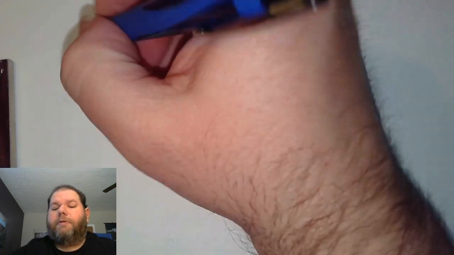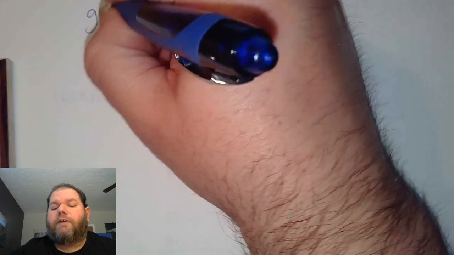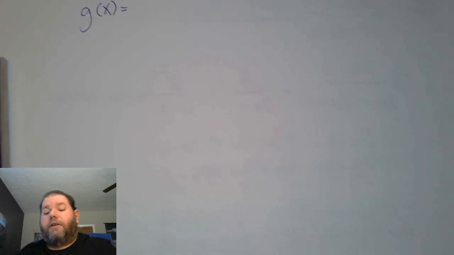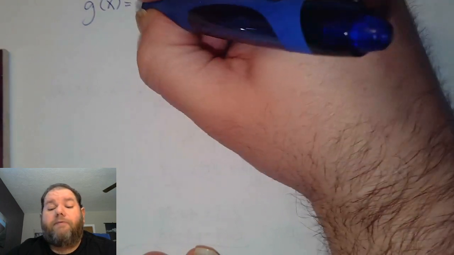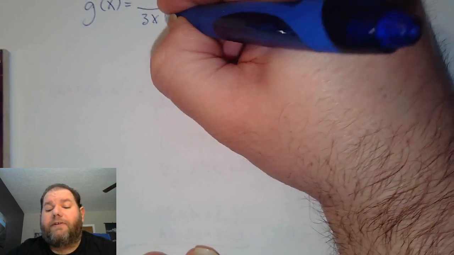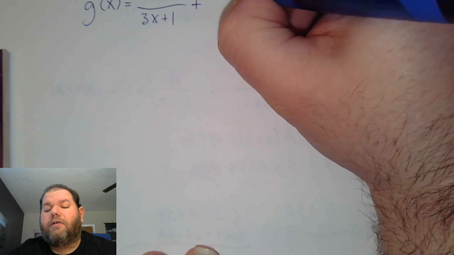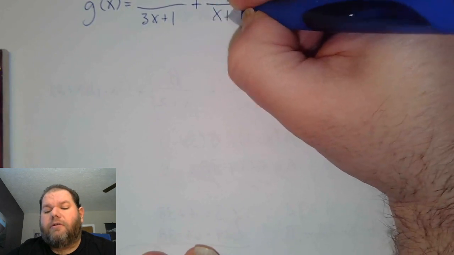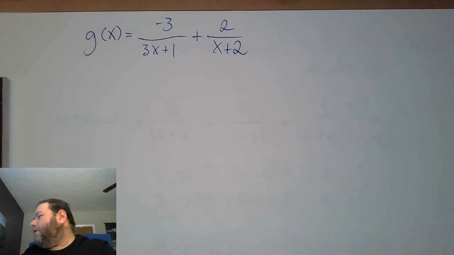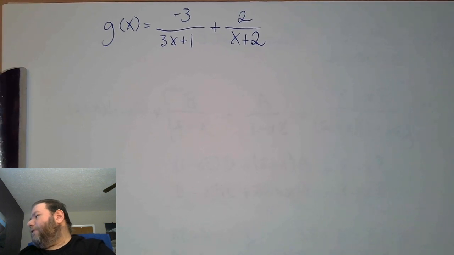So let me rewrite g of x first. Thank goodness this is still centered at 0, because this would be a nightmare otherwise. Here you go. That's what we have.